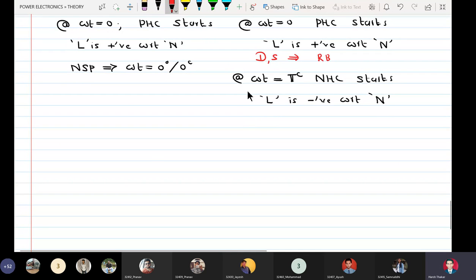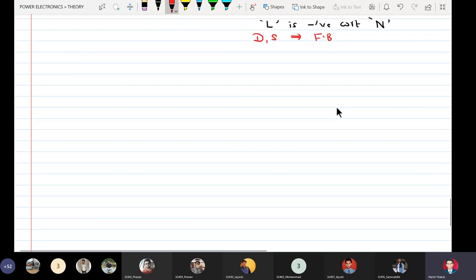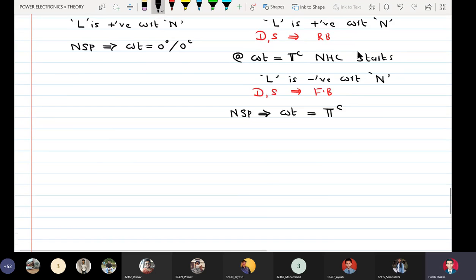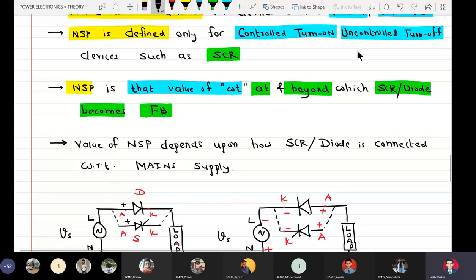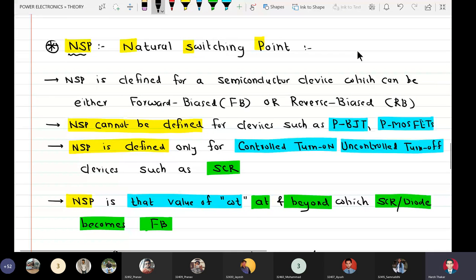So we can say that here D, S become forward biased. Hence in the second circuit, the natural switching point for the devices is omega t equal to pi radians.